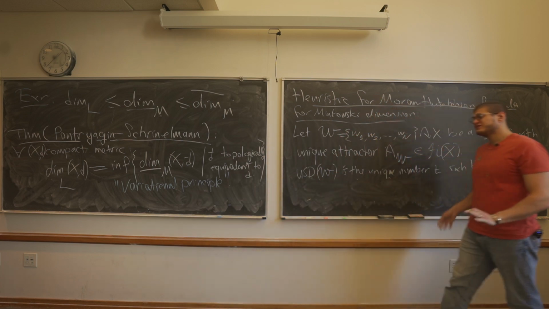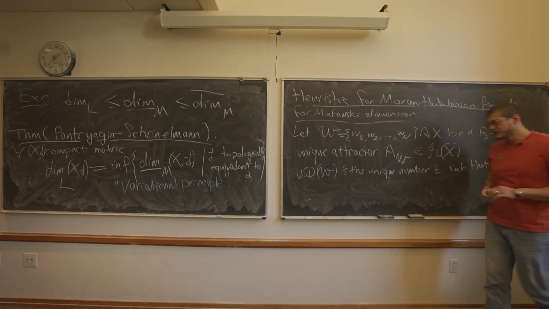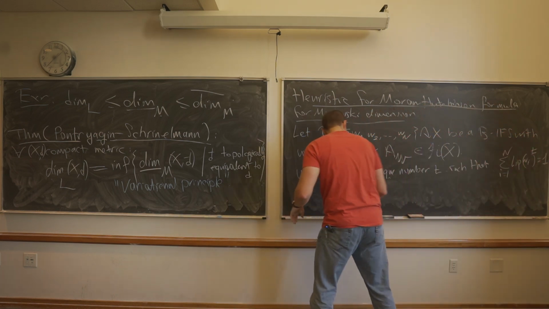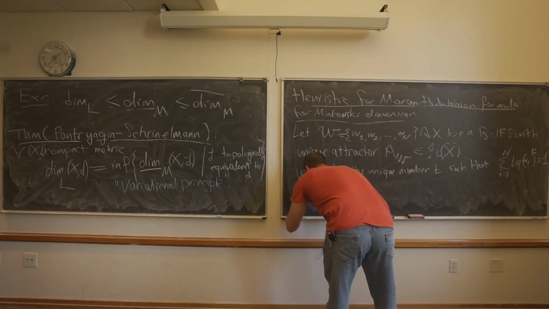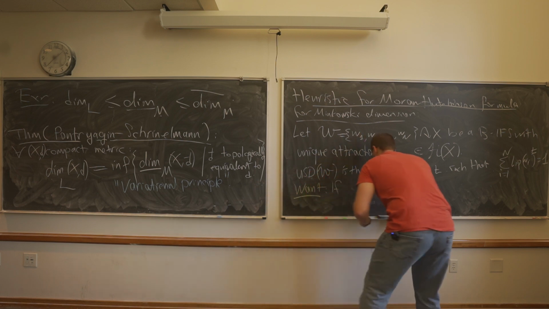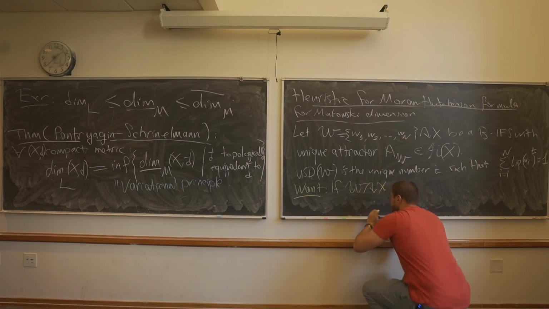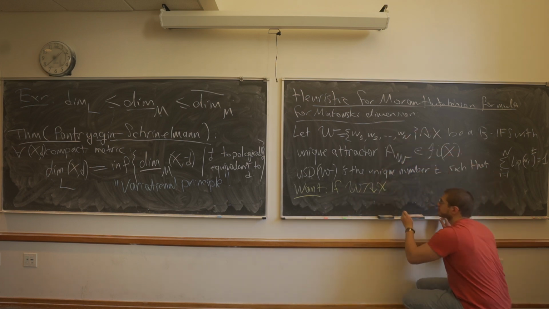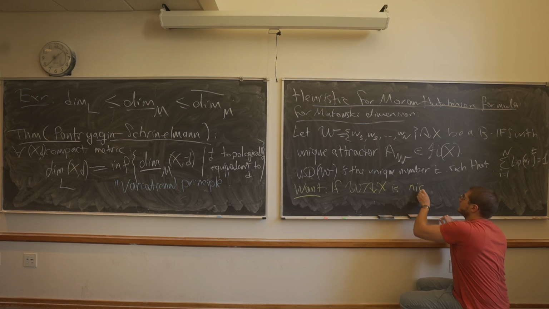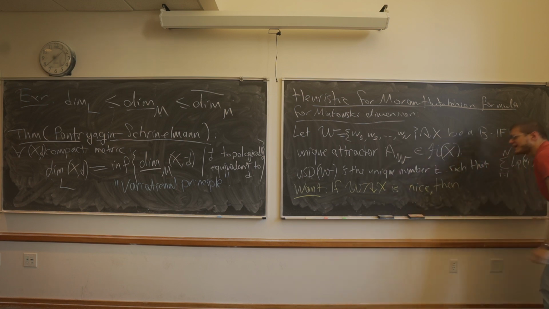If the iterated function system is nice, whatever that means, so maybe totally disconnected and so on, you're going to get to that later, if this is nice, then the Minkowski dimension of the attractor is equal to USD.